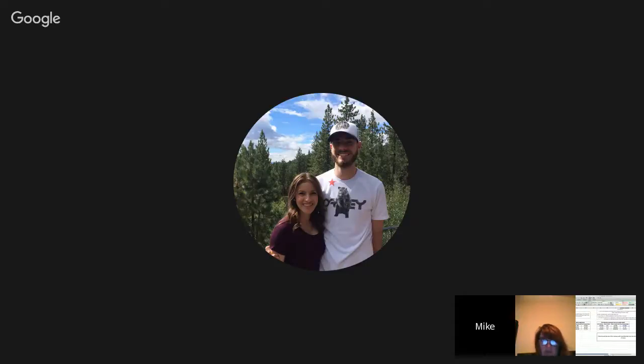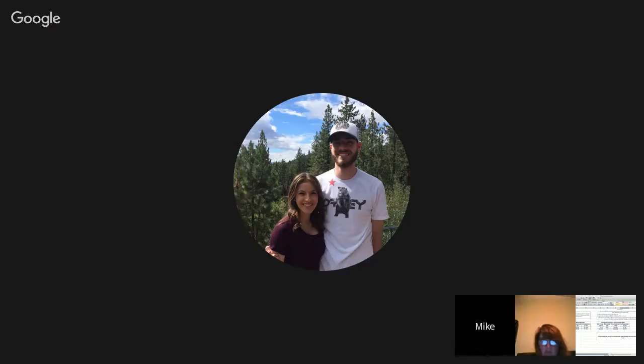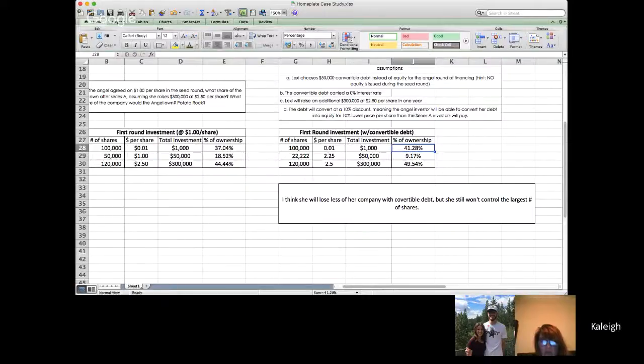So I guess the percentages stay the same. I guess it's just whether or not she has equity, or whether the debt comes to equity or not is what the difference is, I guess.